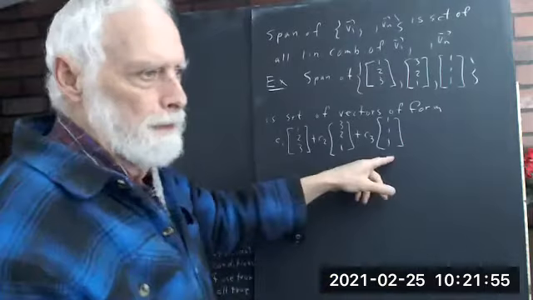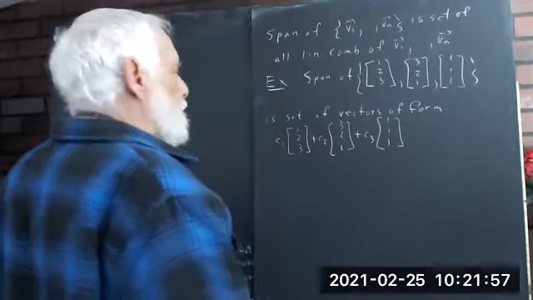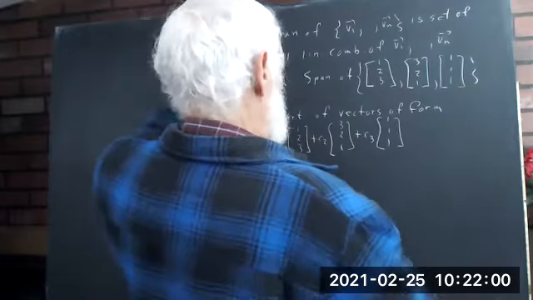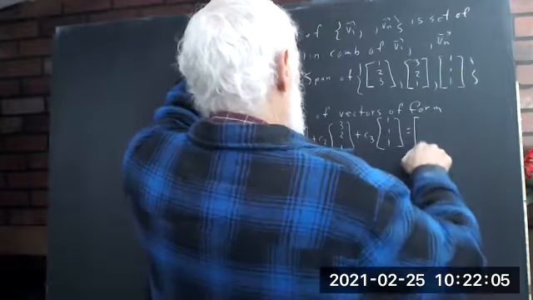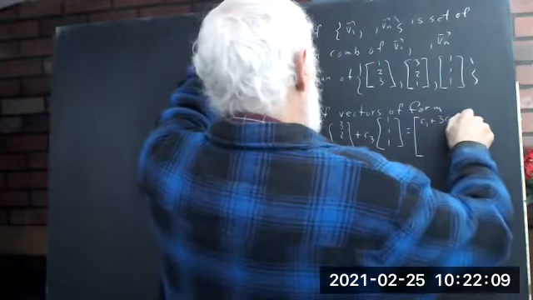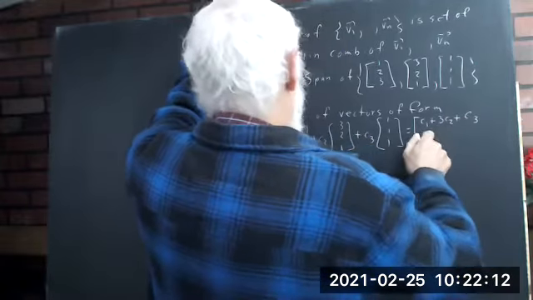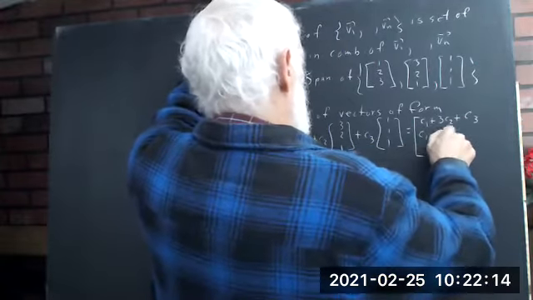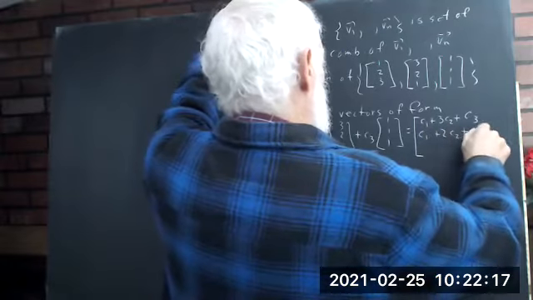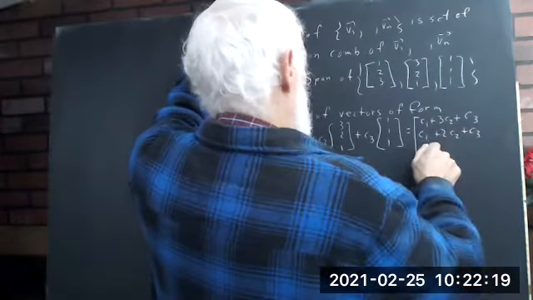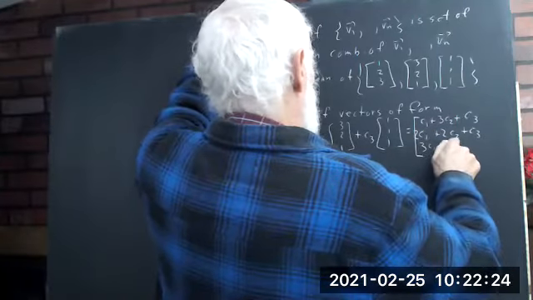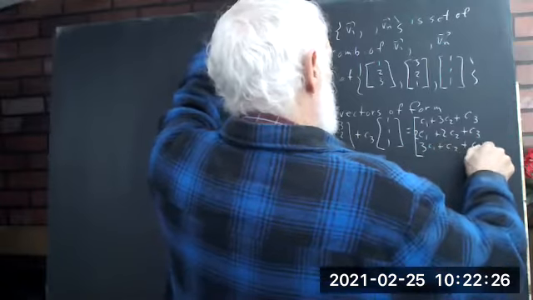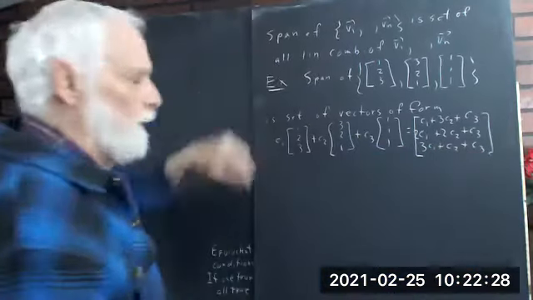Okay, span of vectors of this form. And of course, that would be C1 plus 3C2 plus C3, 2C1 plus 2C2 plus C3, and 3C1 plus C2 plus C3.